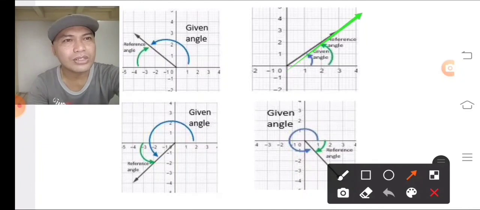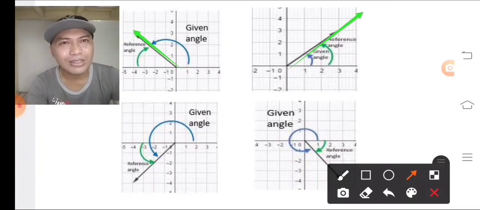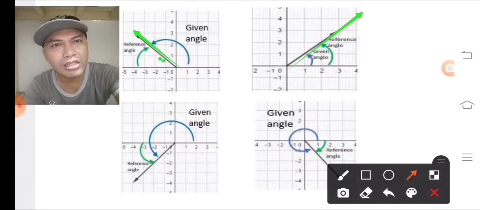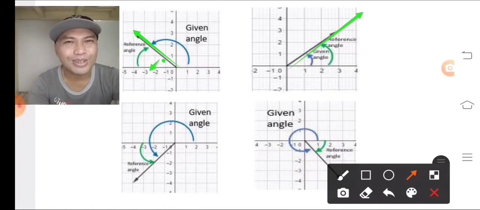So in this illustration, the reference angle is in the first quadrant, so the given angle is the same as the reference angle. In this illustration, the terminal side is in the second quadrant, so you have to measure the angle between the terminal side and the x-axis or the horizontal line.